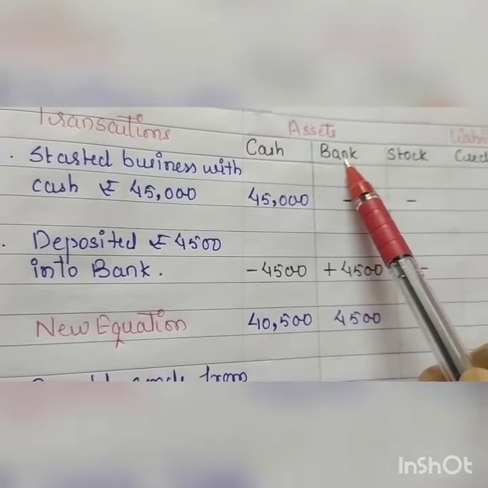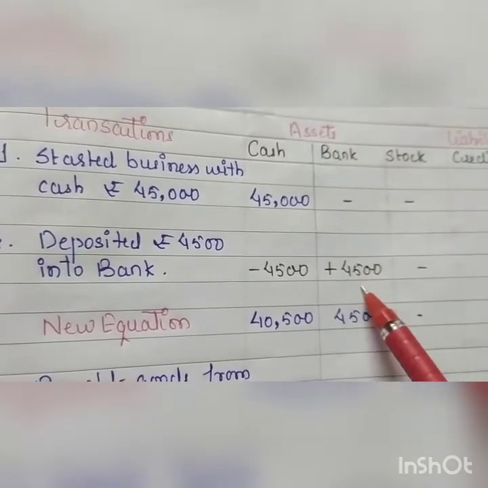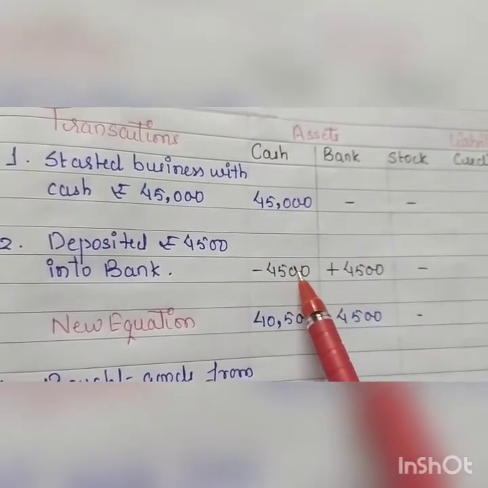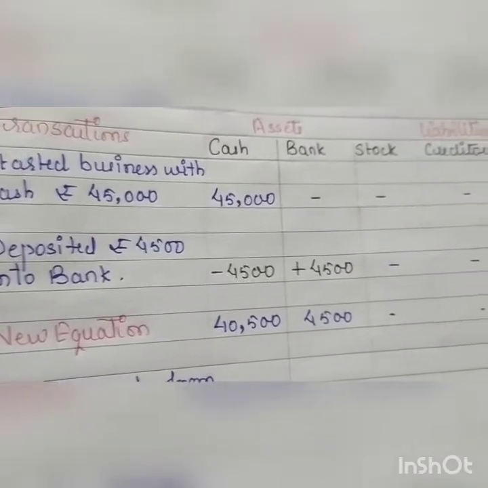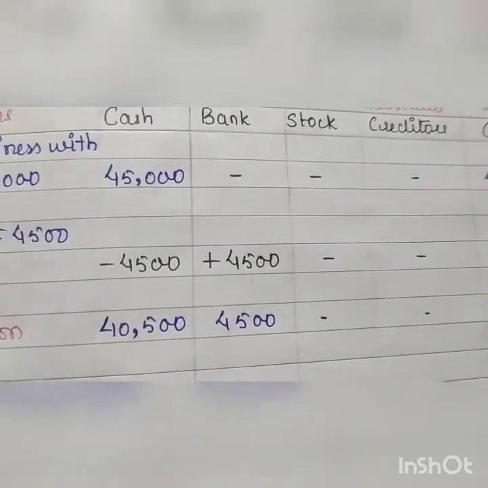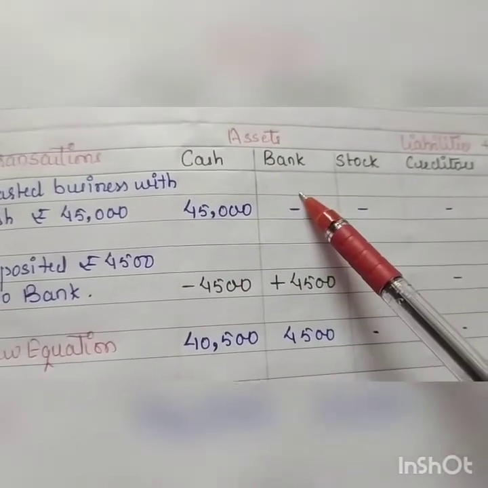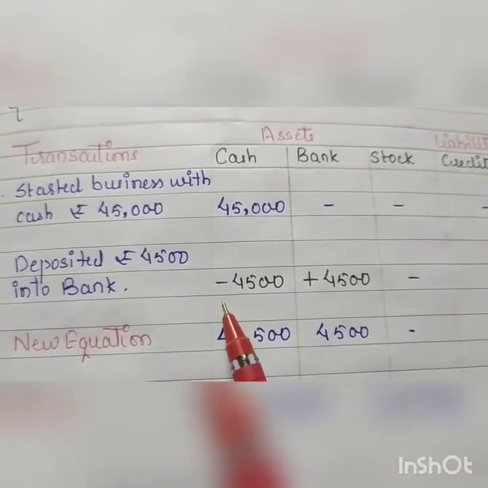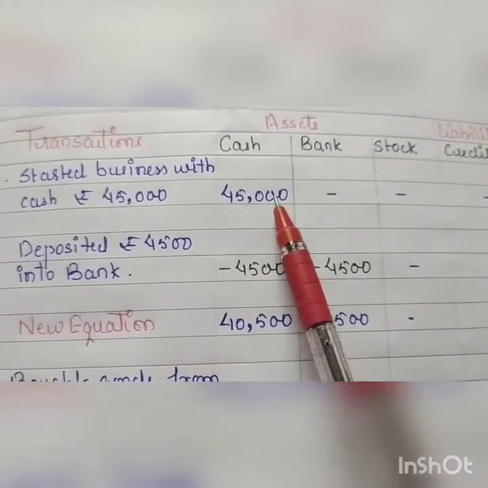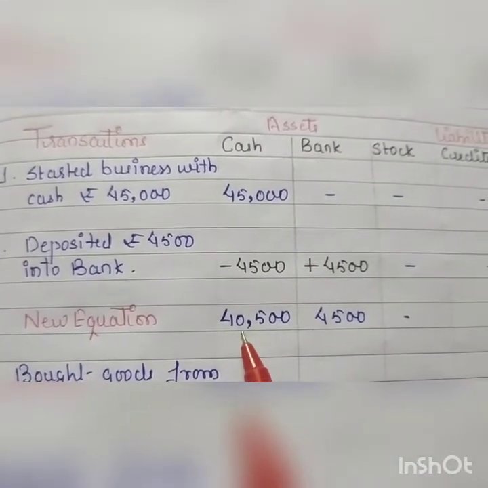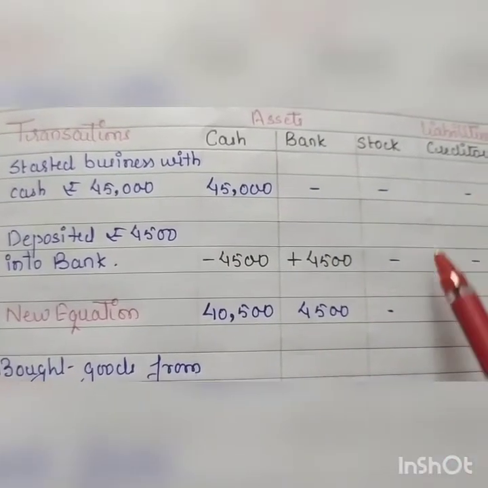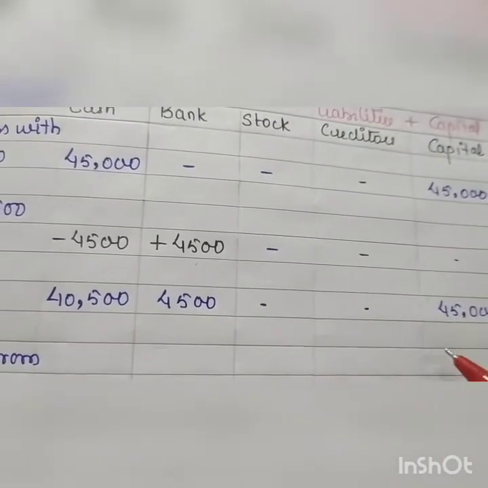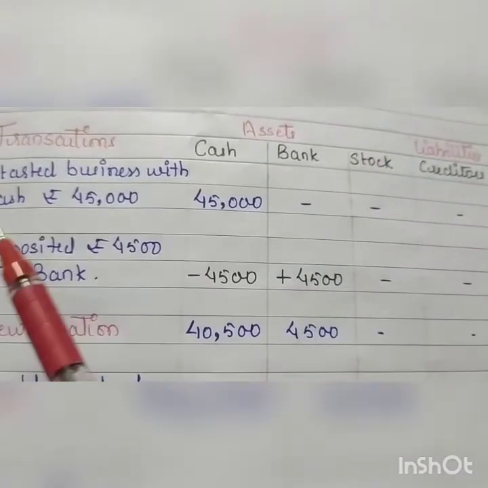So you will create a column under asset side as bank, add the amount, and because you're depositing cash, your cash balance will be decreased. If we deposit money in the bank, the money you had at home you are depositing in the bank, so your bank balance will increase, at the same time your cash balance will decrease. New equation will be 45,000 minus 4,500 is 40,500. Bank balance 4,500, here nil. Creditors have not yet arisen. Capital you have 45,000.